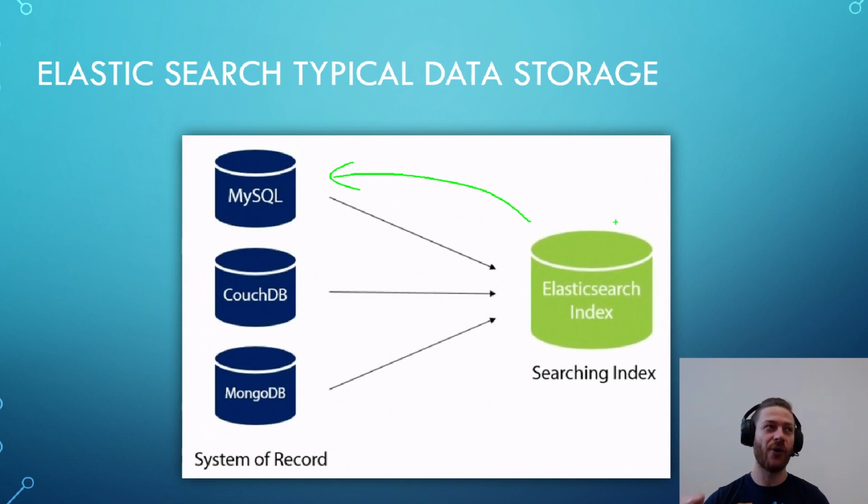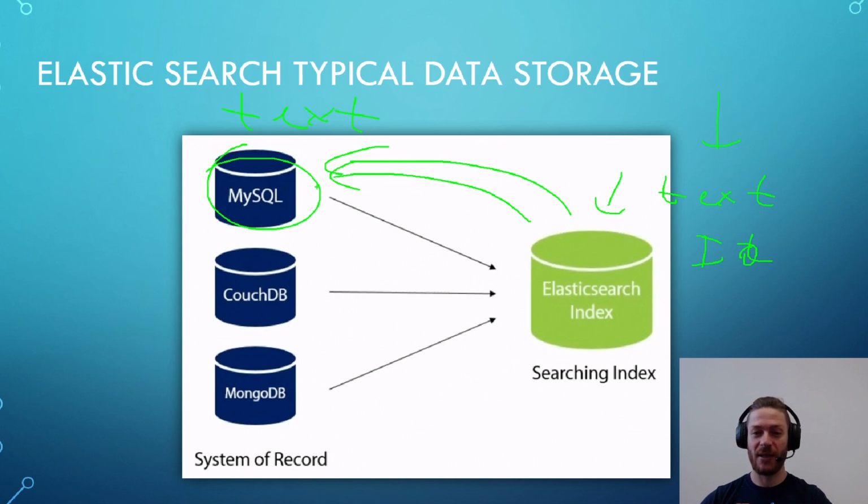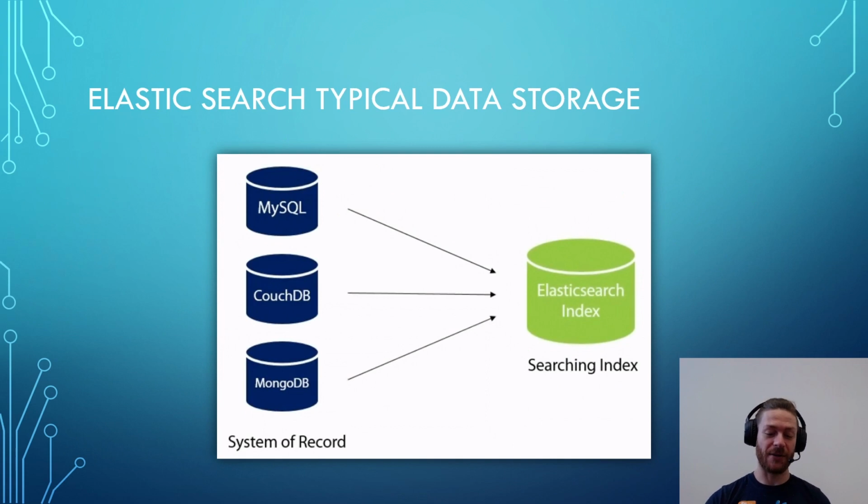So for example, if you want to index articles, you will store the text of the articles in Elasticsearch besides the typical database, so that you can easily search in the text, and you will store the post ID, which will be a reference to the original database. So if our article has author, text, content, images, a lot of information, but you want to search only in the text, you will store in Elasticsearch just the text and the original post ID, which is a back reference to the other database.